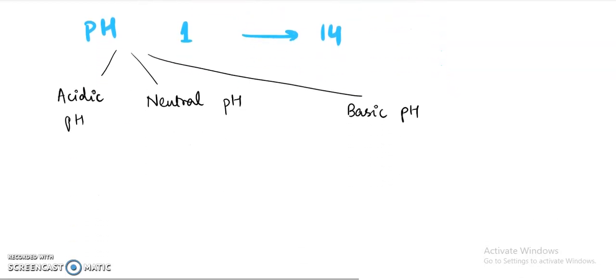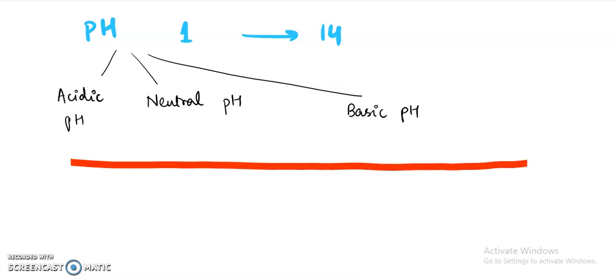As I said, the pH scale ranges from 1 to 14. Now what does this scale mean? It means the value of pH lies from 1 to 14. We are writing this in serial number so that it is clear to you. So on this scale I am just mentioning the values from 1 to 14.